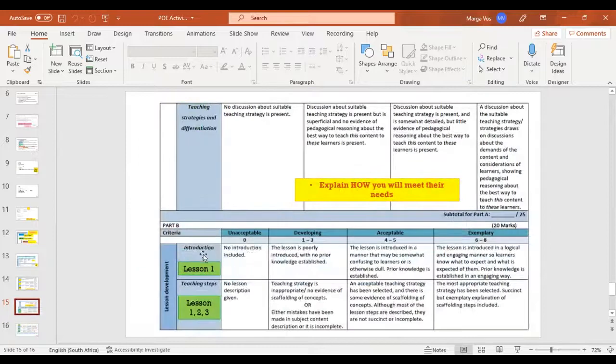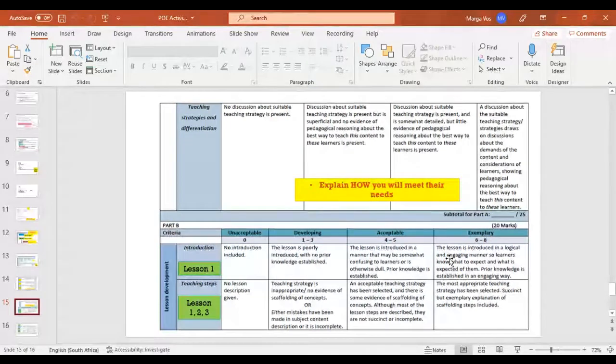So for the lessons itself, please read through your rubric. This is why we give you the rubric. Read through this column. The lesson is introduced in a logical and engaging manner, so learners know what to expect and what is expected of them. Prior knowledge is established in an engaging way. So this is applicable to your first lesson. That's why I say it's not really applicable.